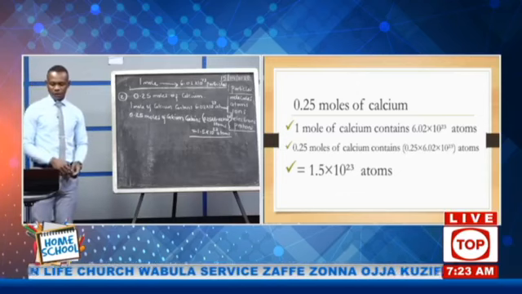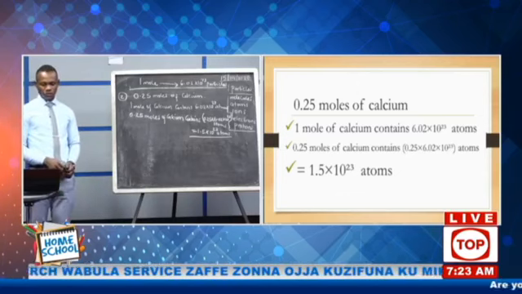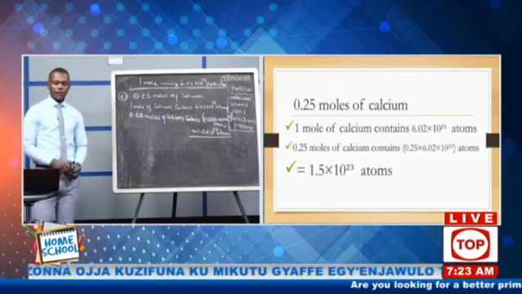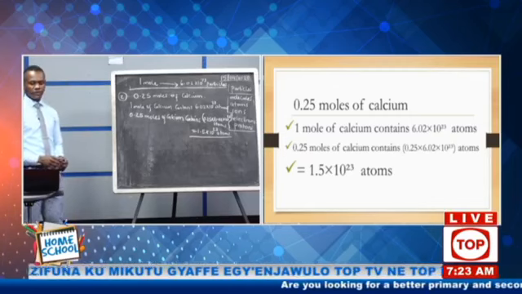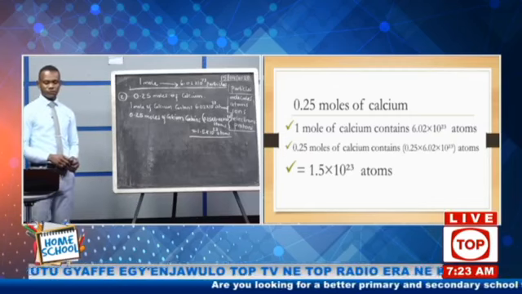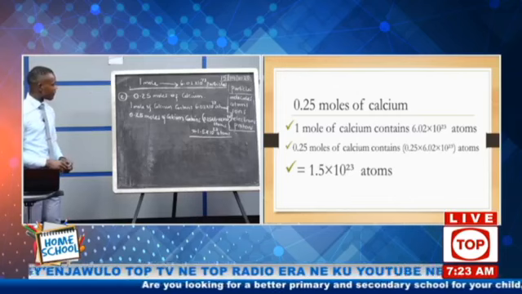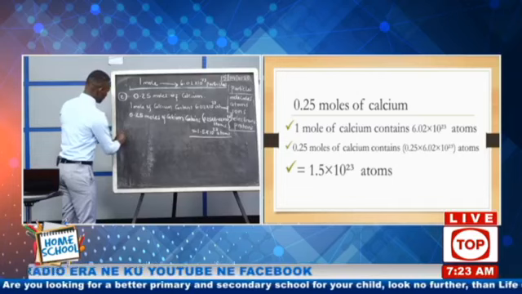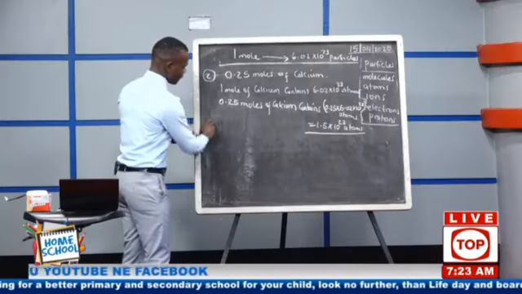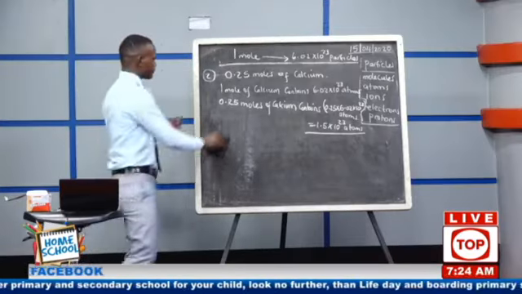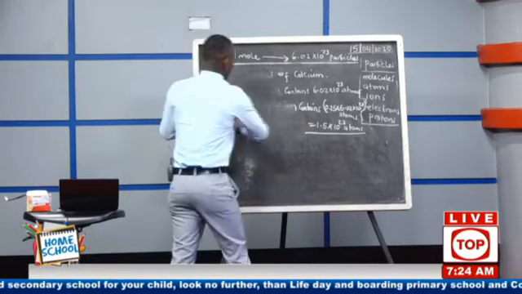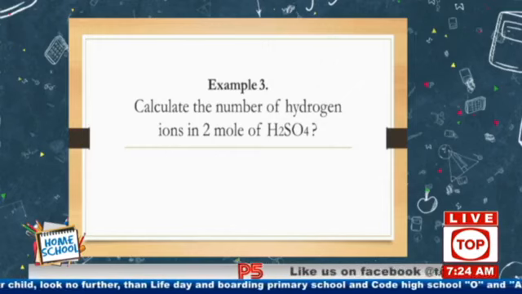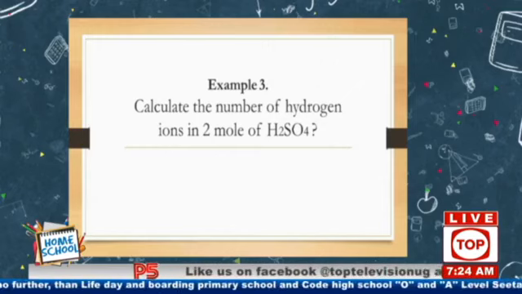When we move to our third example, it is saying calculate the number of hydrogen ions in 2 moles of sulfuric acid.